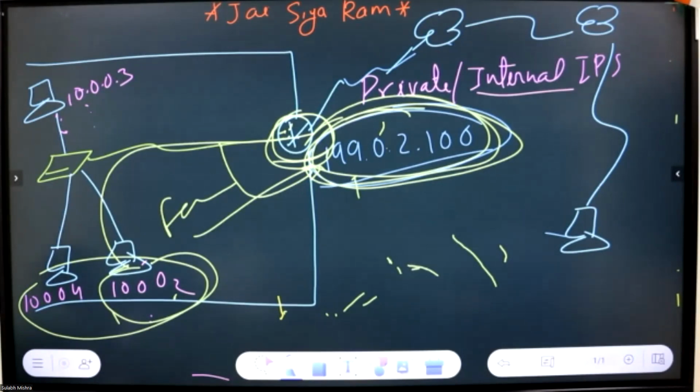And the next range is, sorry, not 10, 172.16.0.0/12, and 192.168.0.0/16.